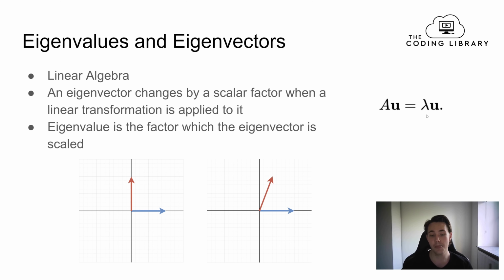When we apply linear transformations, for example to these two vectors here, the transformation of one of the vectors, the eigenvector, is the same as saying we change this eigenvector by some eigenvalue.